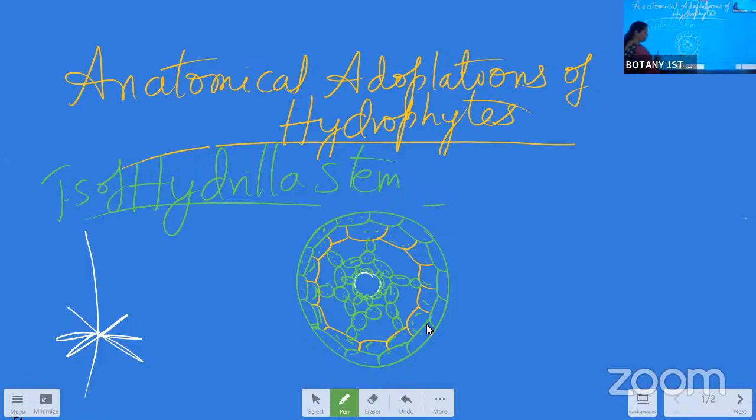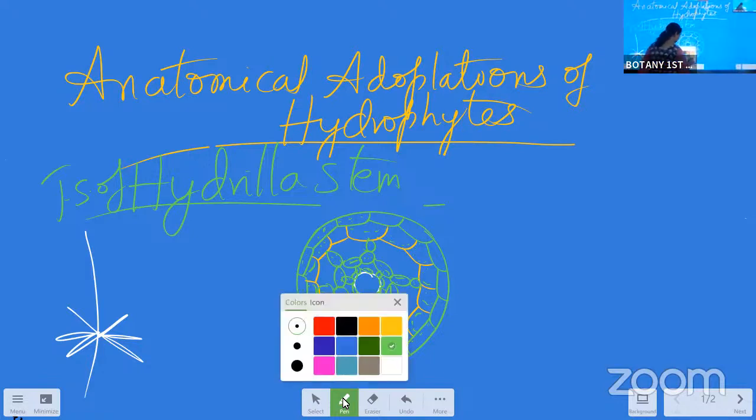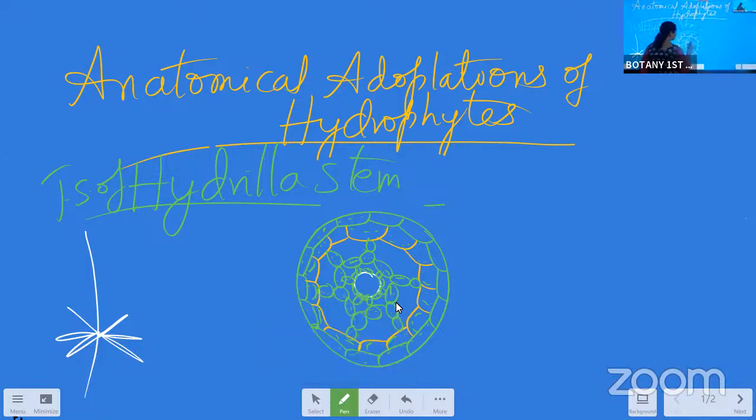Okay, so with this, we have finished this. And in between, it is having the sclerites, which give the support. That is a somewhat mechanical support. Sclerites will be present. Okay.